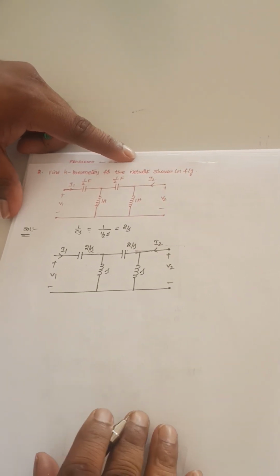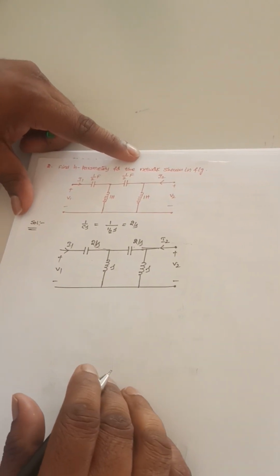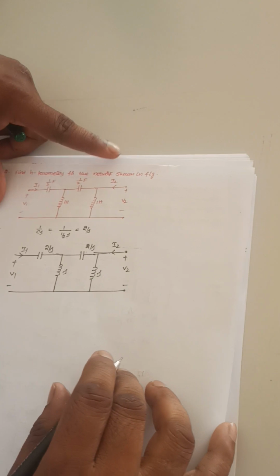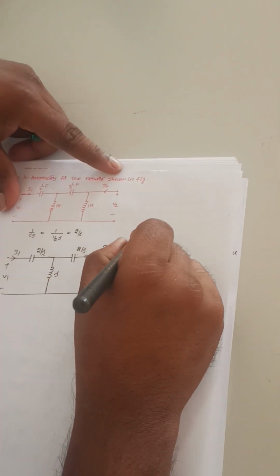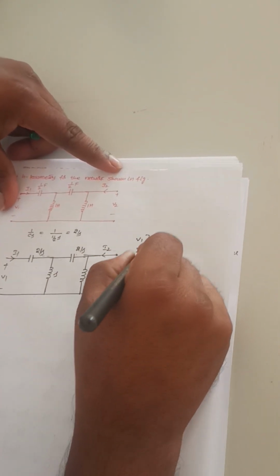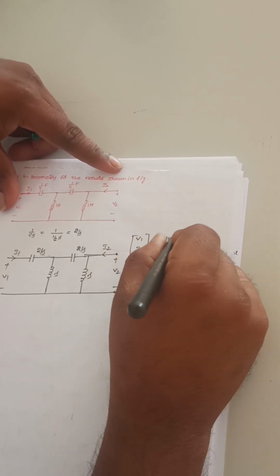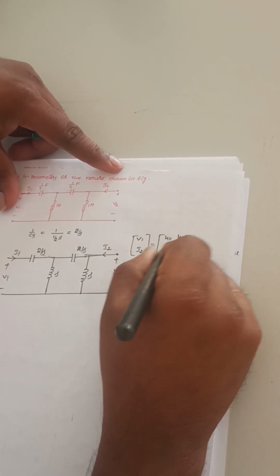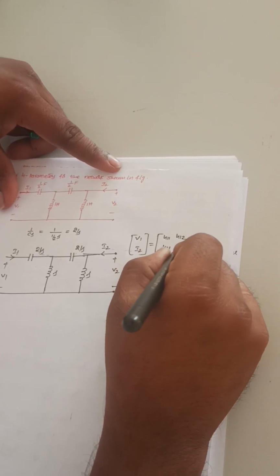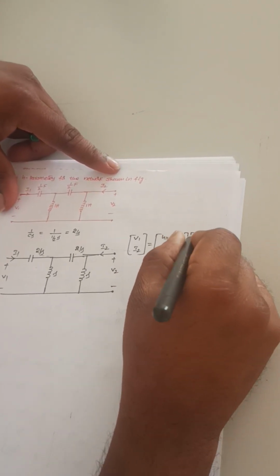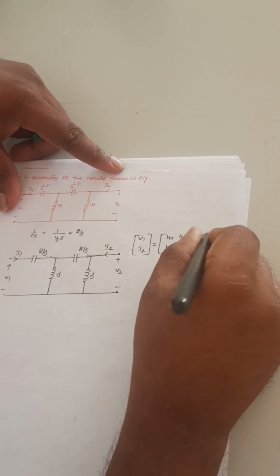So now what I need to find here are the H parameters. From this data, V1 and I2 can be represented in terms of I1 and V2.